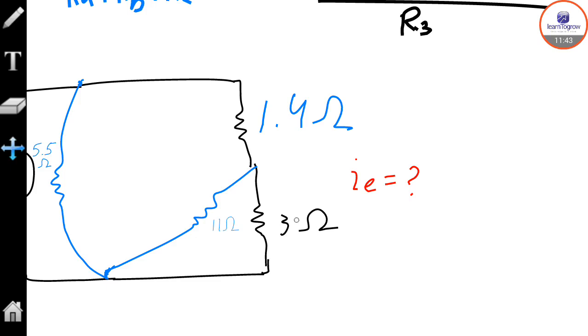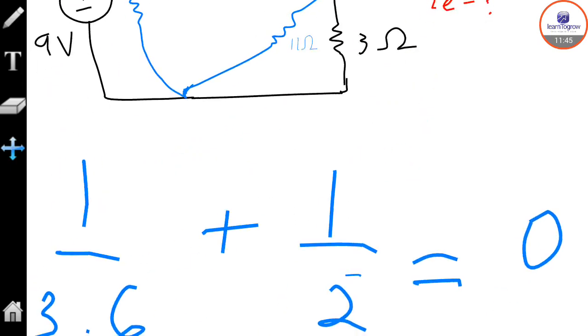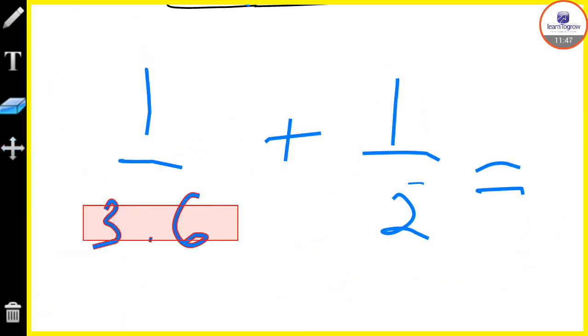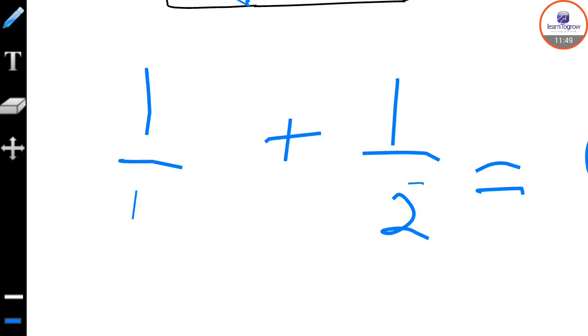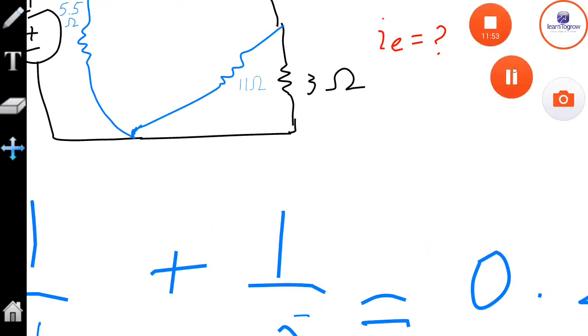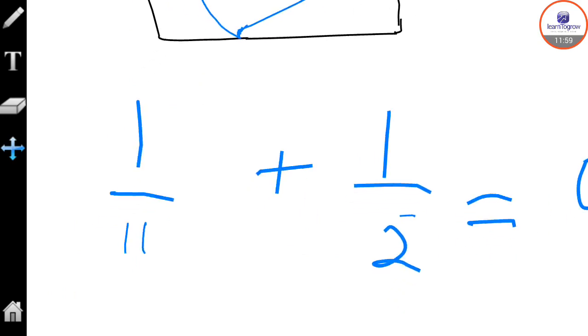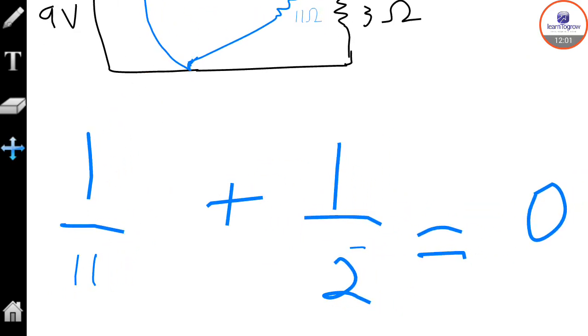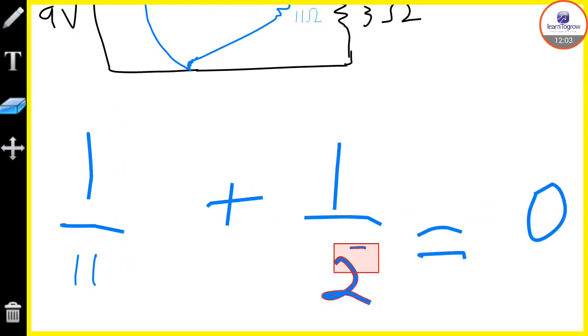We will do the same with this. These two are in parallel. So this is 11, and now I will do the same with these two parallel resistors. Okay. So here this is 11 and this is my 3.